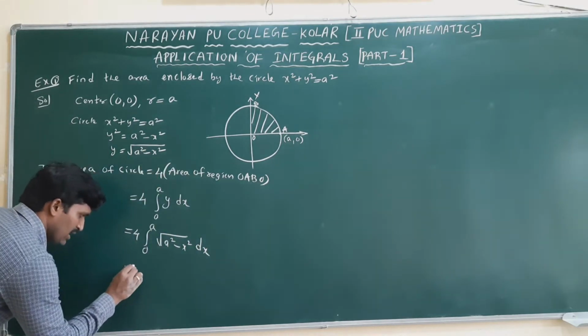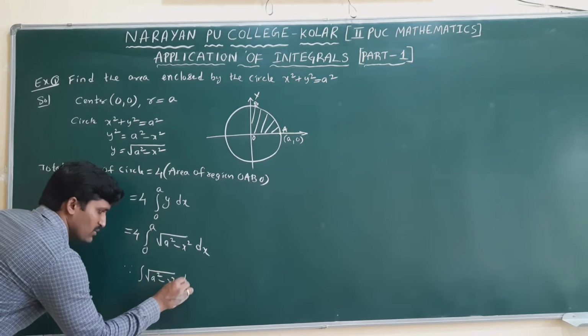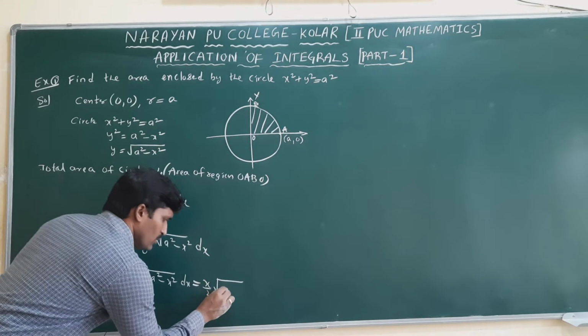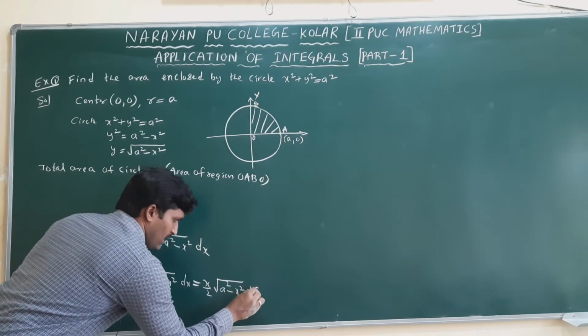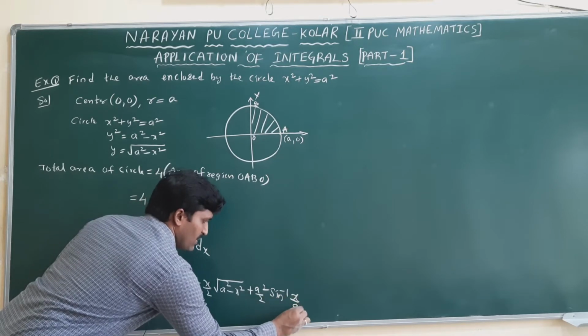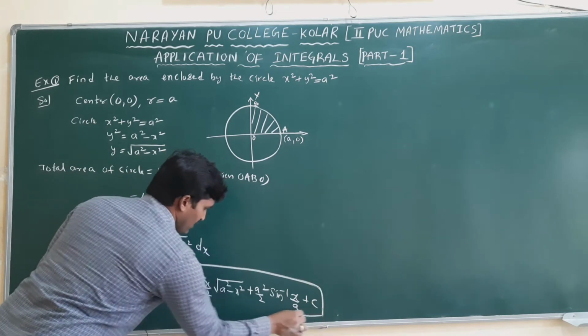We have the formula already given in the competitive, integral root of a square minus x square dx. Formula is x by 2 into root of a square minus x square plus a square by 2 into sin inverse of x by a plus c, but c we are not taking here because this is a definite integral.